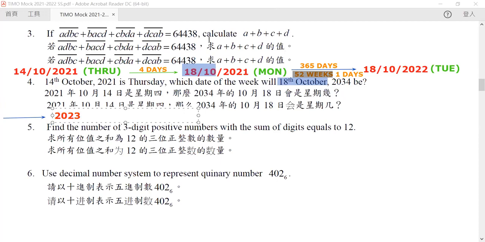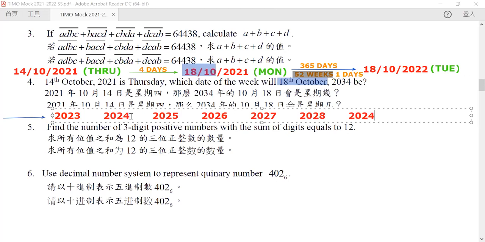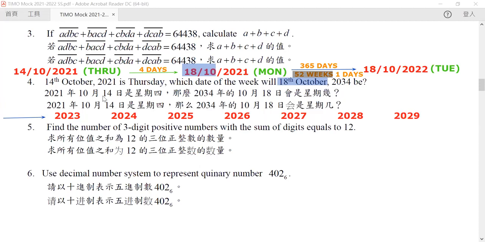Because the end date is the 18th of October, we no longer concern ourselves with the day and the month of that date. So how about 23, 24, 25, 26, 27, 28, 29, 30, and then we will have 31 and 32 and so on and so forth.